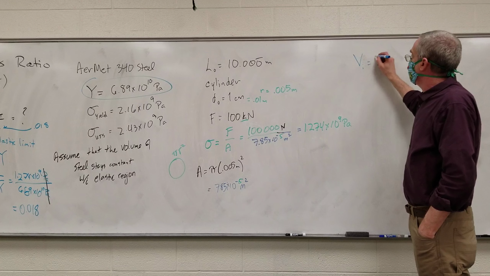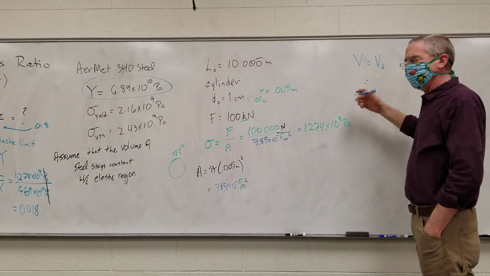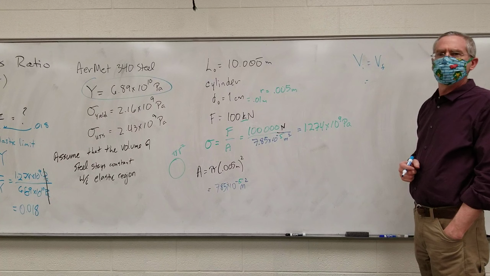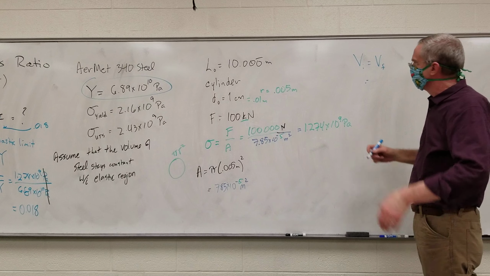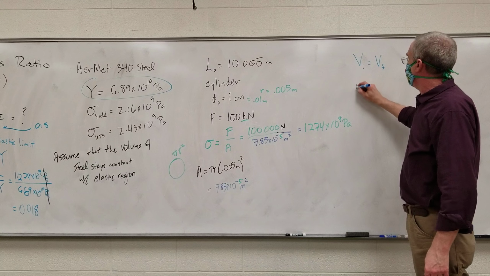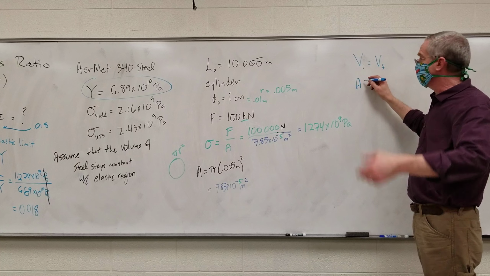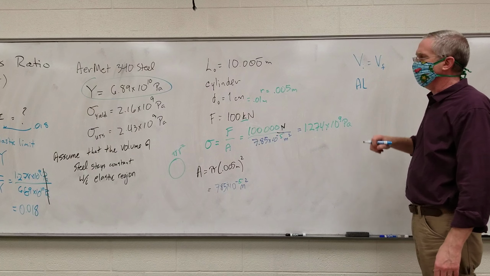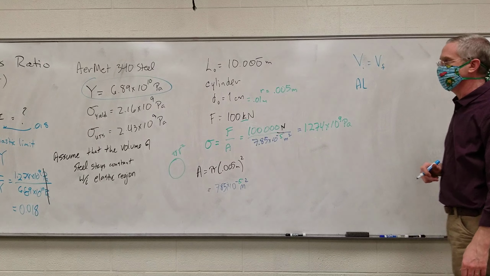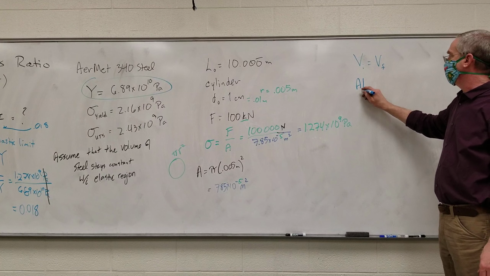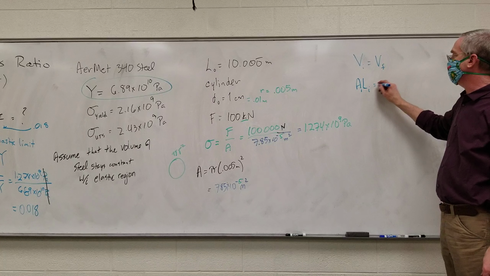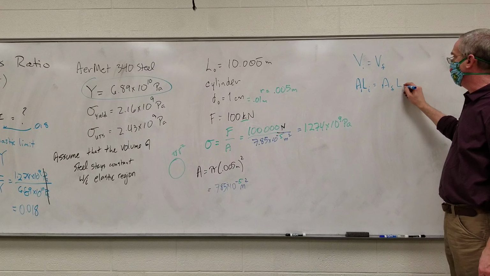So my initial volume equals my final volume. How do you find the volume of a cylinder? Area times height, or length, whichever one you like. I'm going to go with length just because that's the language we were using before. So initial area times initial length is equal to final area times final length.